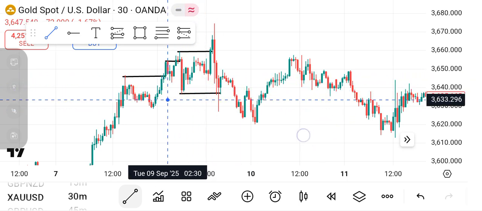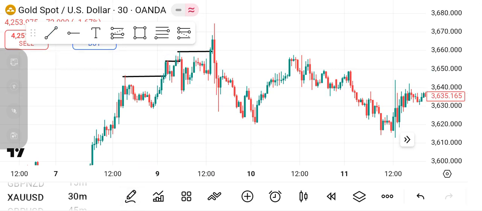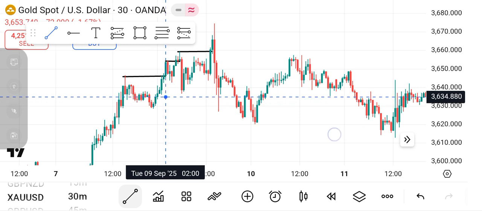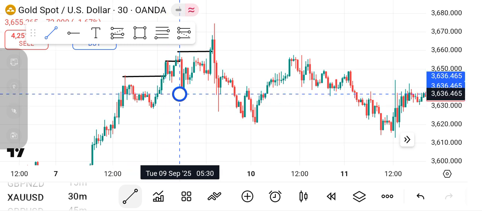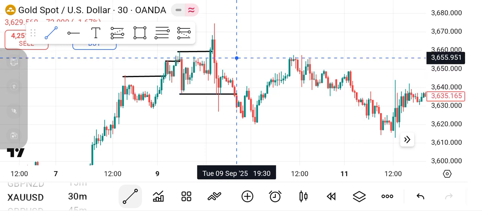Now, what is the break of structure here? Let's draw it very well. Let's draw the valid break here. You see it. This is the valid break of structure.